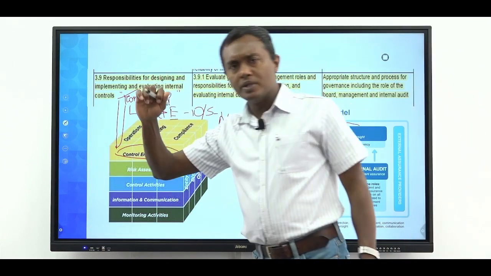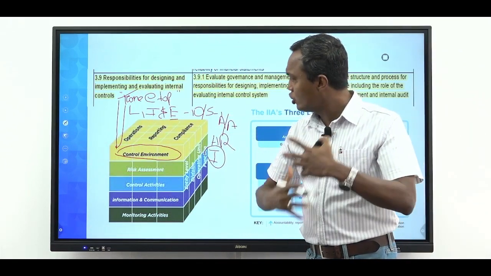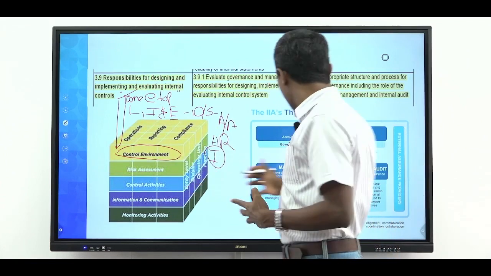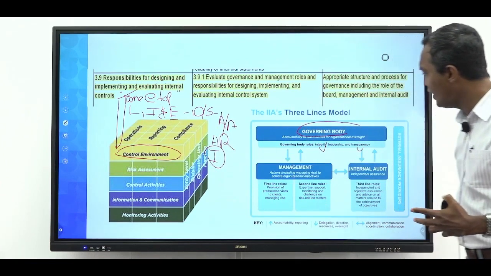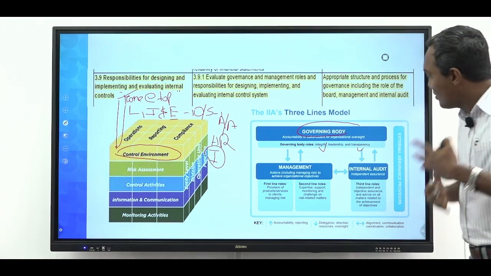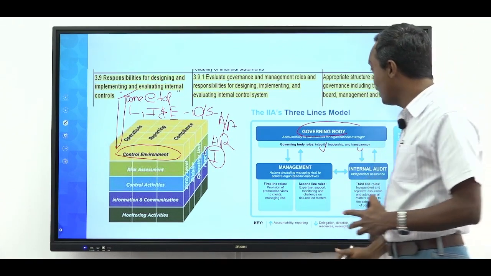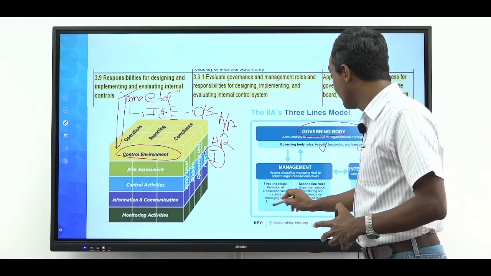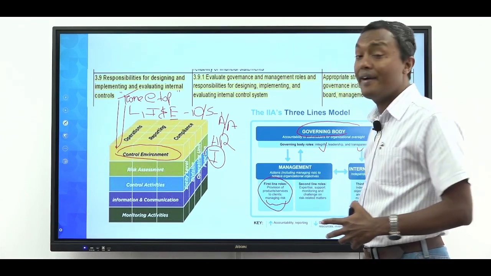My example is ensuring product quality. The first line is the quality manager, who, as a part of his job, manages the quality risk as the first line.